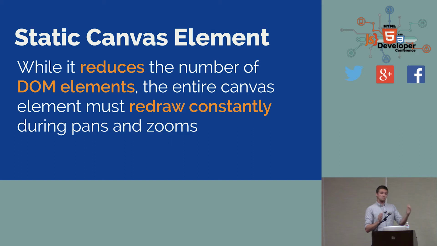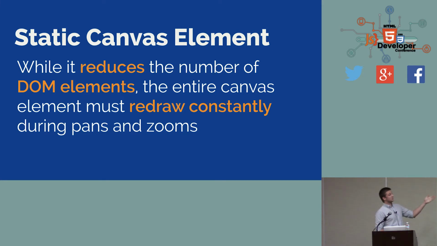This would stay in place, and the map would move under it. So the map tiles, if you panned, would move under the static canvas element. But then you have to redraw the position of the markers at a 60 frame rate. You have to constantly redraw the markers and the outlines and everything anytime you do any sort of movement on the map.